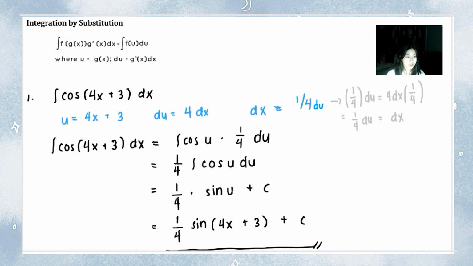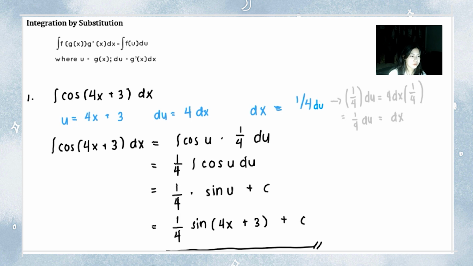Since our integrand doesn't have the 4 dx term written here, we have to multiply both sides of du equals 4 dx by the reciprocal of 4, which is 1 over 4. So dx is equal to 1 over 4 du.